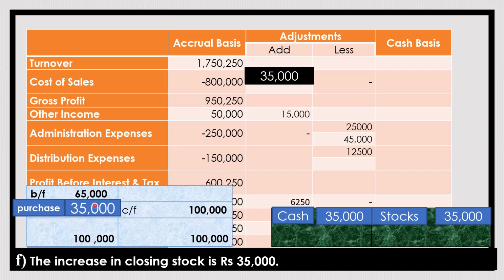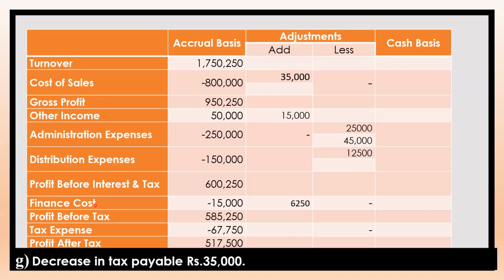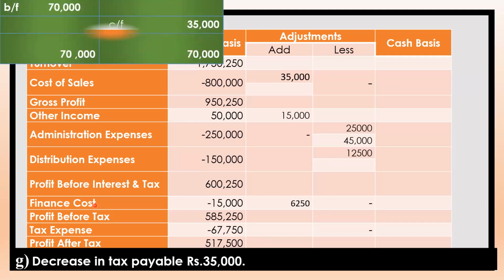This is just like an adjustment. Here we are not going to reconcile, right? So we are going to adjust to the cash basis. That's why we are going to add this one. Now let's see the next one. Decrease in tax payable. So let's create the tax account. Here we are decreasing the tax payable by 35,000.